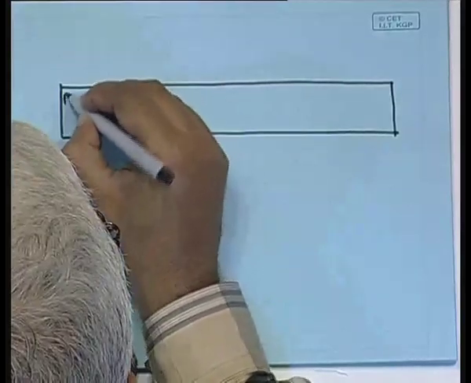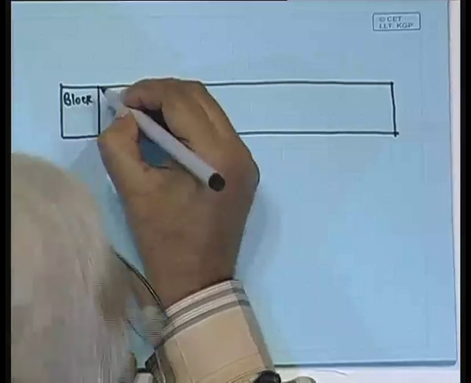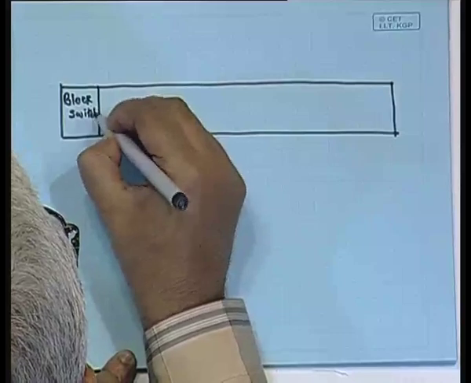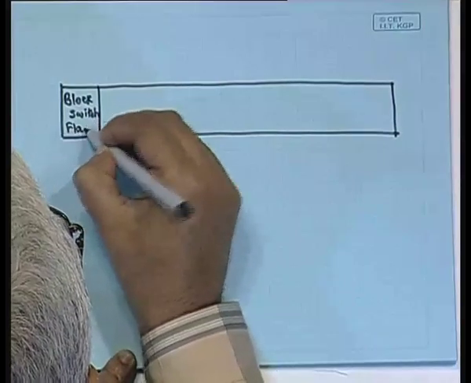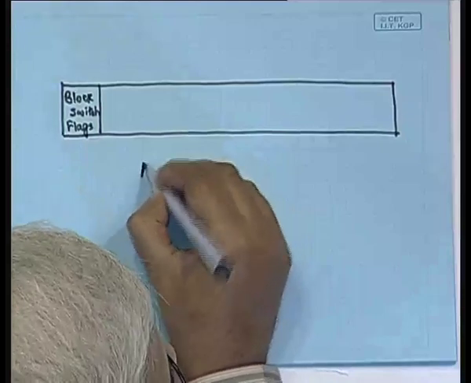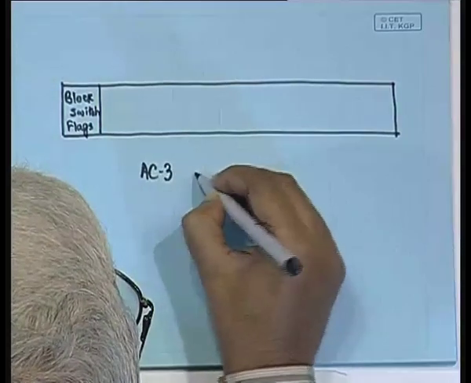So, we have the block switch flags; we are referring to the AC3 audio block structure.